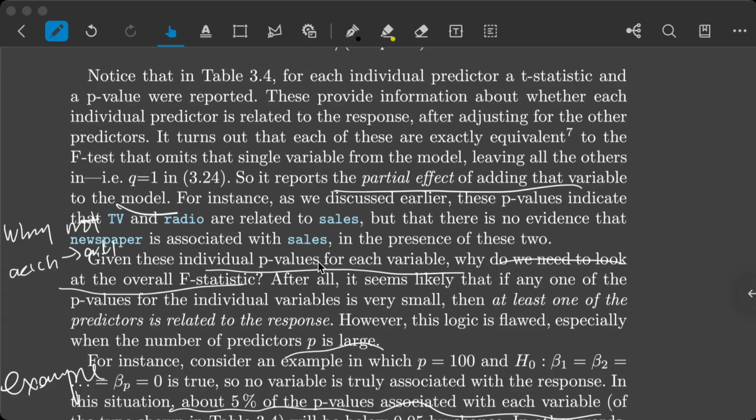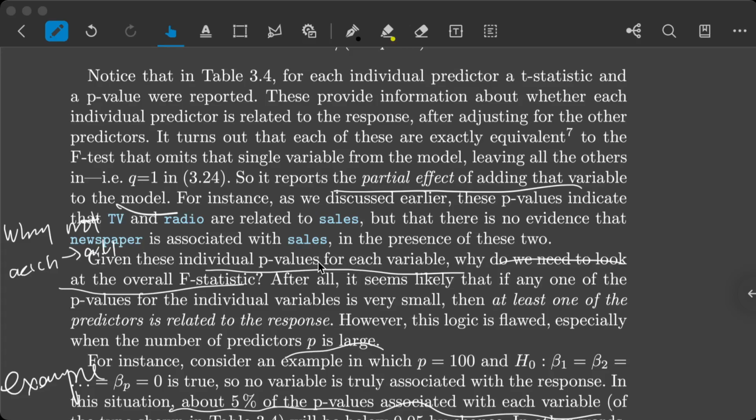Can we say that we have at least one, because we already checked each of them and found that some of them have a distinct connection with y? In this case, can we say that at least one of them is connected to y?